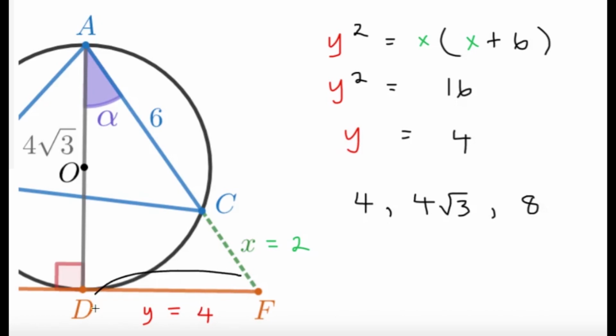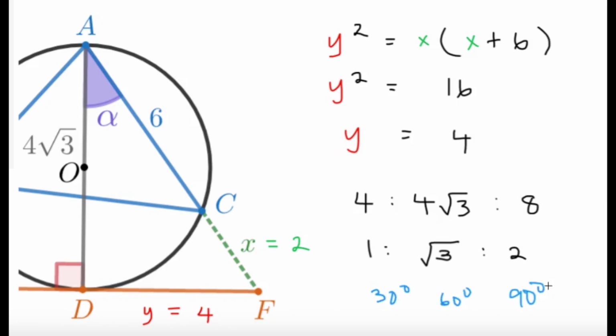If we take the ratio, we get 1 is to square root of 3 is to 2. It's a very common scene in trigonometry to see the ratio of the sides being 1 is to square root of 3 is to 2. This suggests a 30, 60, 90 triangle.